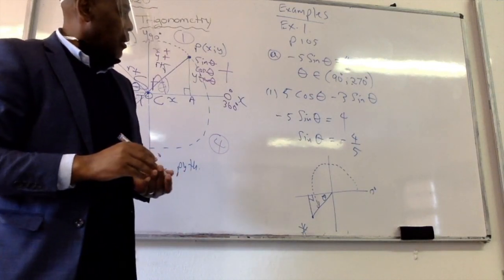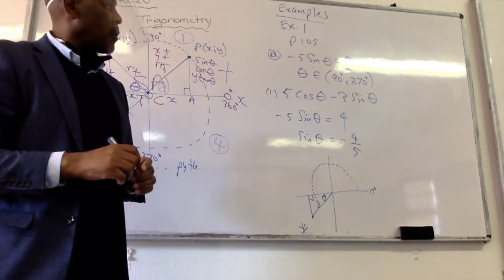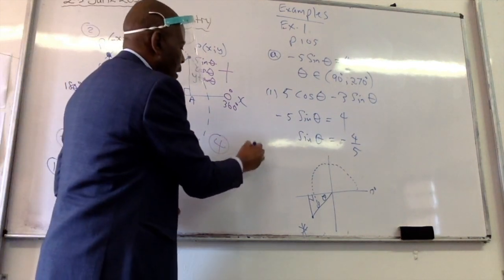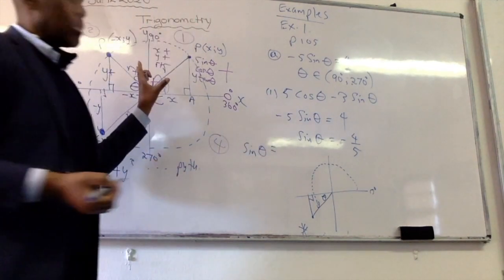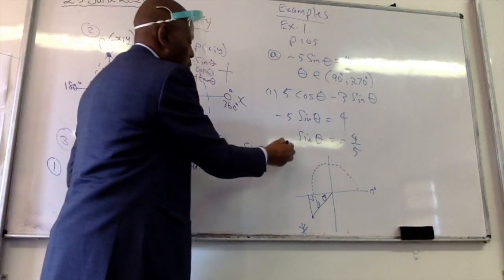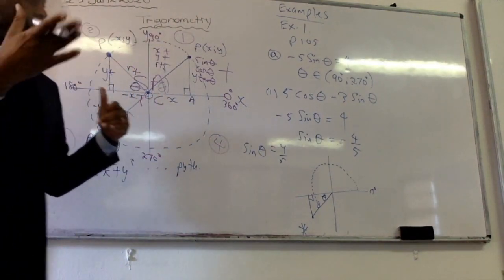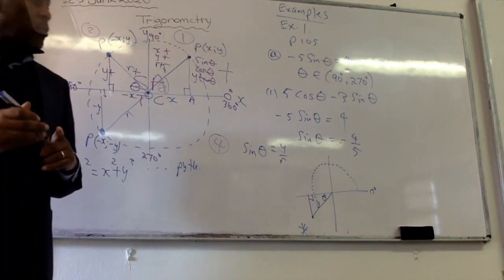Now tell me, it says sine of theta is negative 4 over 5. But we know, you remember from this diagram, we said sine of theta is y over r. So where do you think you can put your numbers? The minus, and then the 4 and the 5. We need to put those there.